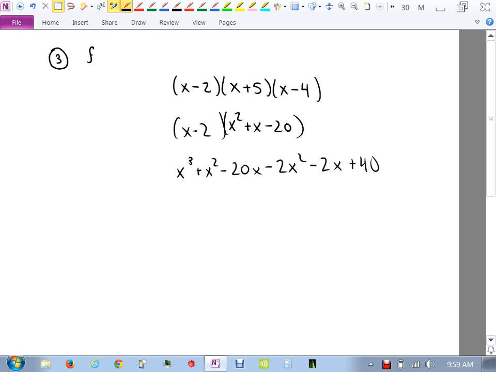okay, here it is. F of x equals negative x to the 5th plus x squared plus 22x. Oh, wait, hold on.